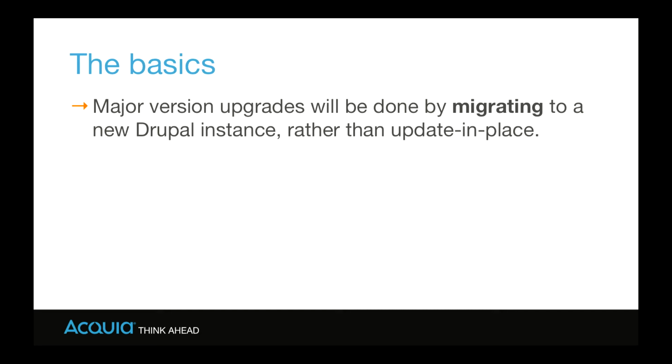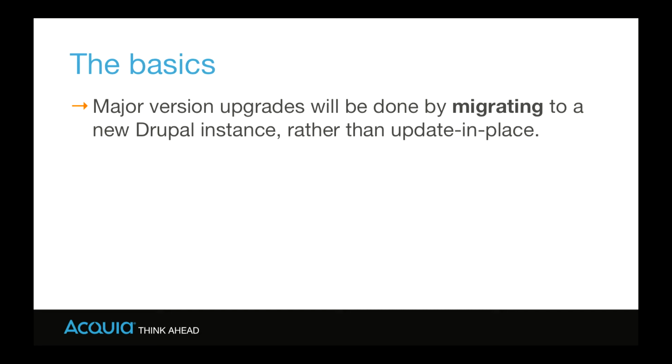So the decision was made to leverage the concepts that were implemented in the Migrate module in Drupal 7. And instead of updating Drupal in place, we're going to do it by creating a new Drupal 8 site and then copying and transmogrifying the data as we move it from Drupal 6 or Drupal 7 into Drupal 8.